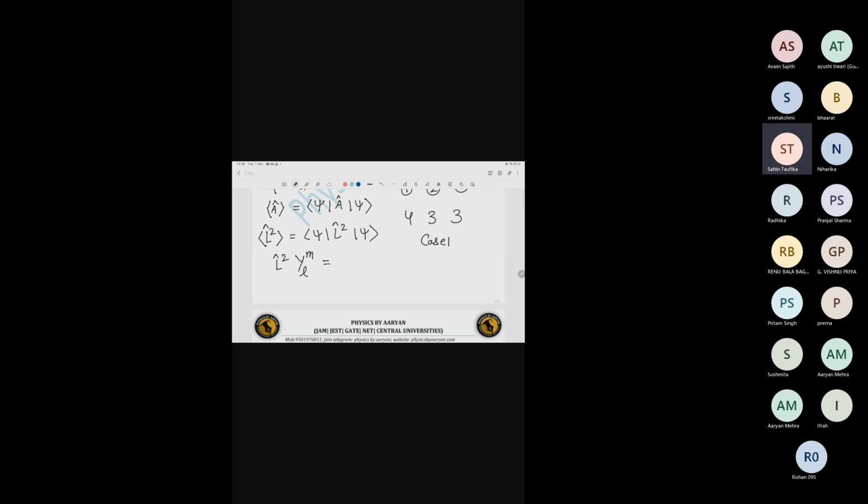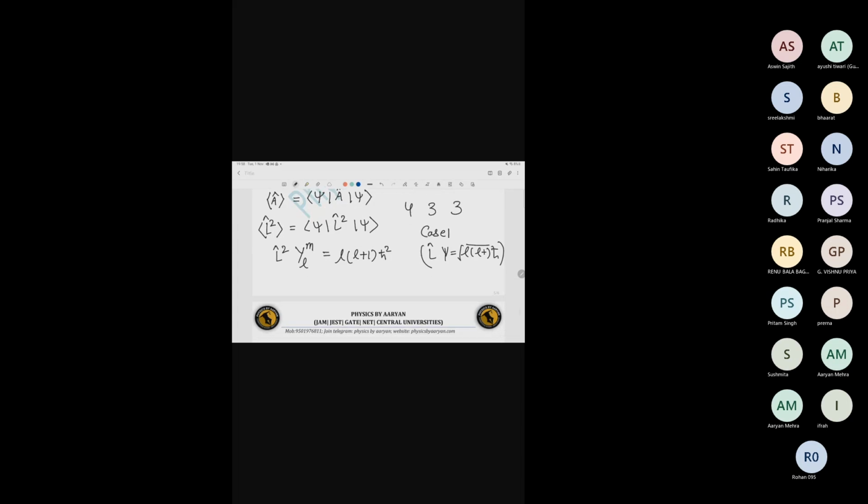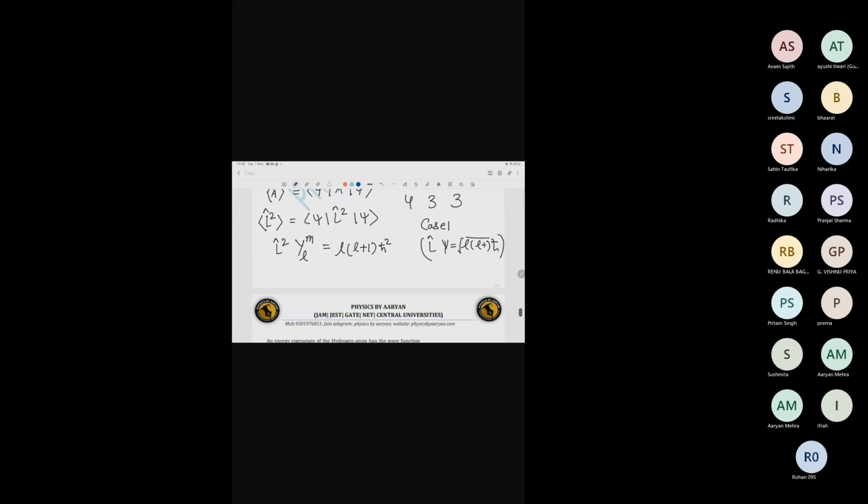L into L plus 1 times h cross square. Do you all agree with me? Yesterday I told you if L operates on some state, the answer is the square root of L into L plus 1 times h cross. And today we have just squared it. Nothing else.